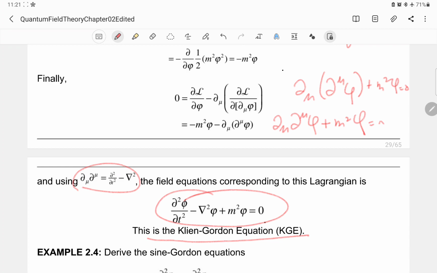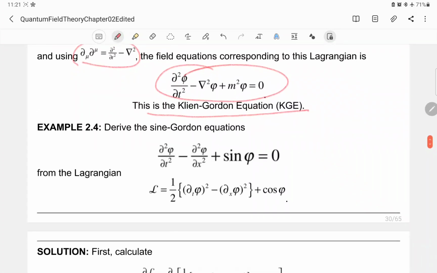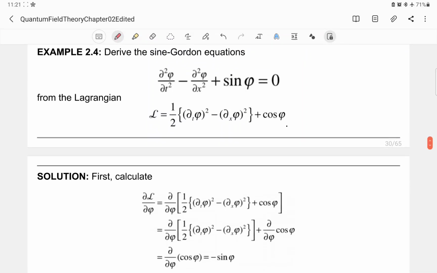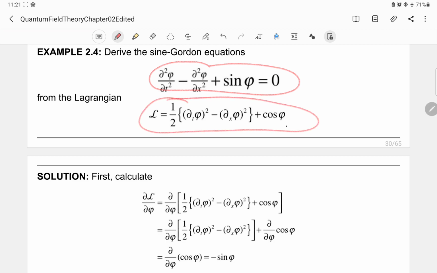Now we will derive the sine-Gordon equation as an example. So we have here the sine-Gordon equation. This looks like the Klein-Gordon equation. So take the Lagrangian to be this, and again first calculate the derivative of the Lagrangian density with respect to phi.